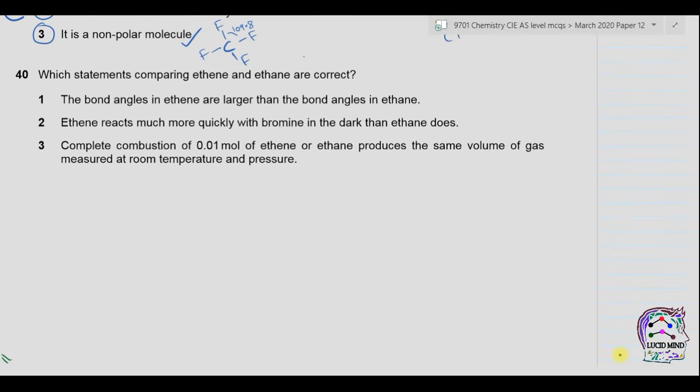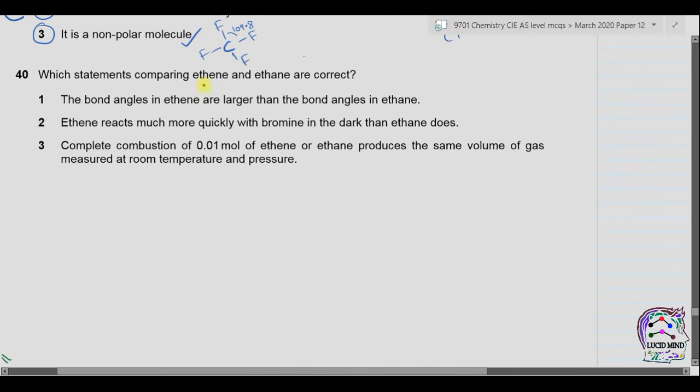Question number 40. Which statements comparing ethene and ethane are correct? Number 1. The bond angles in ethene are larger than the bond angles in ethane. Let's draw the structure of ethene molecule and the structure of ethane molecule. Now we can see that the bond angle here is 120 degrees because there are 3 bonds, one double bond, this one single sigma bond, this one is also single sigma bond.